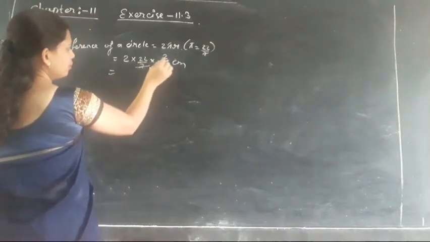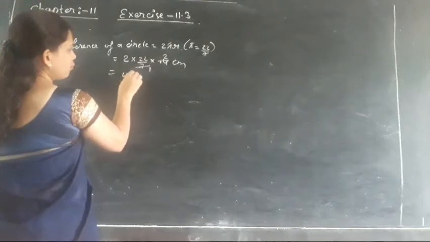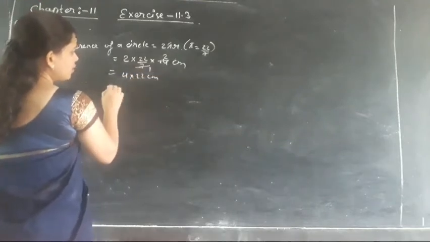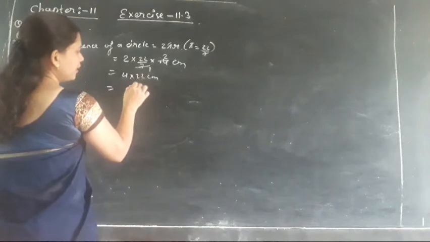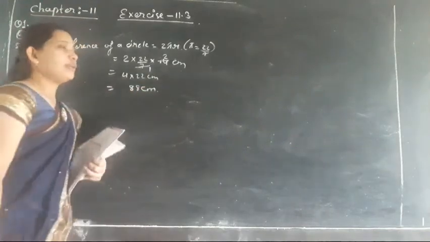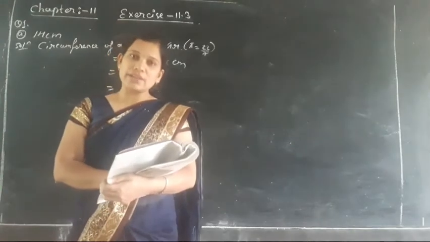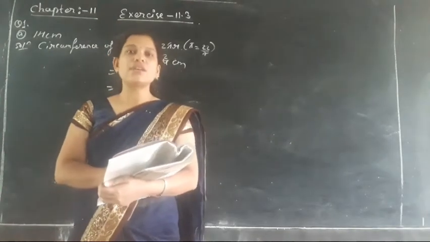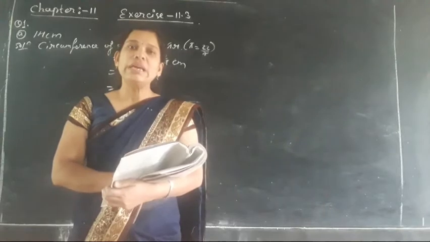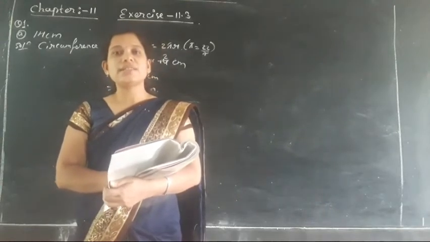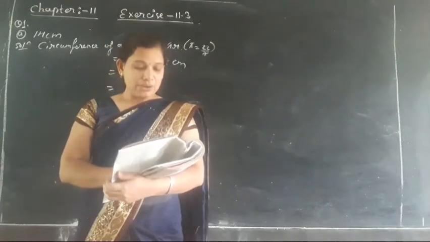So 2 into 2 will be 4. So 4 into 22 centimeter. So here it will become 88 centimeter. So what is the value of the circumference of a circle when the radius is 14 centimeter? The circumference of a circle will be equal to 88 centimeter when the radius is given as 14 centimeter. Have you understood everyone?